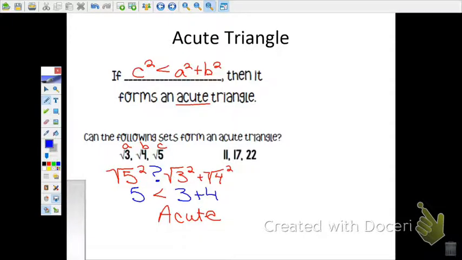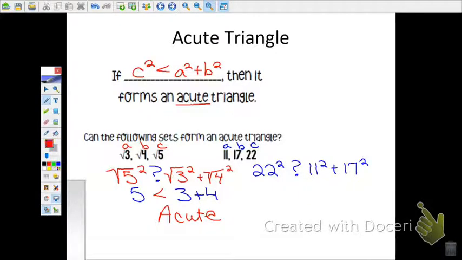For this next one, the biggest side has to be the c. So I'm just going to put them in order. So c squared, so 22 squared, question mark, 11 squared plus 17 squared.